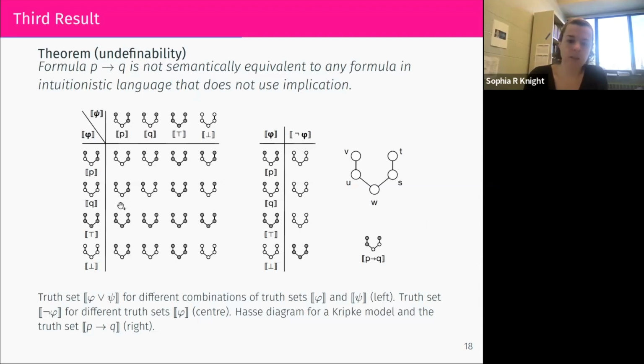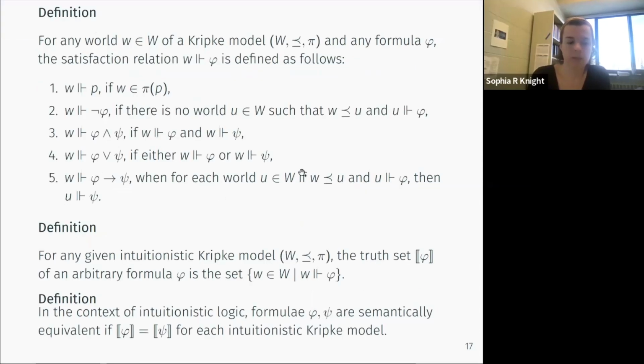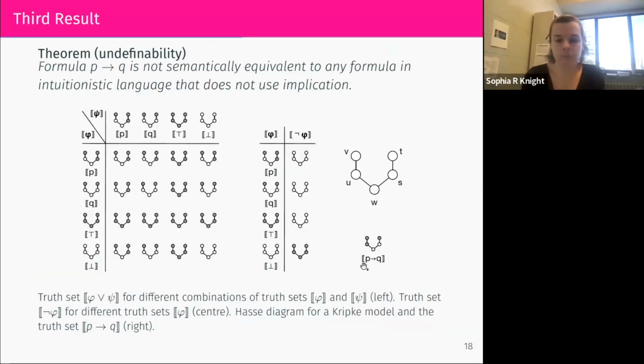So we look at all these, and then we look at our diagram for if P then Q. Let's go back to our semantics for if P then Q again. Here's our semantics for if P then Q. We have to look at all the worlds that are above it, and if they make P true, then they have to make Q true. So we check that here, and all the worlds above.